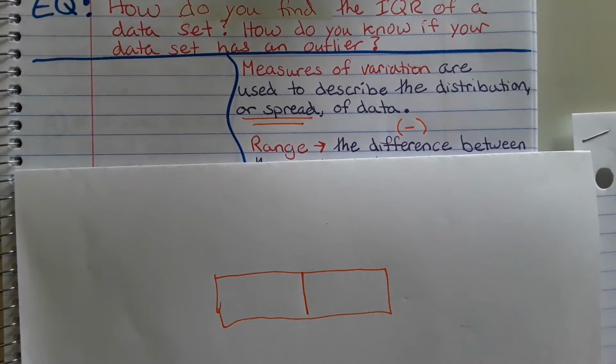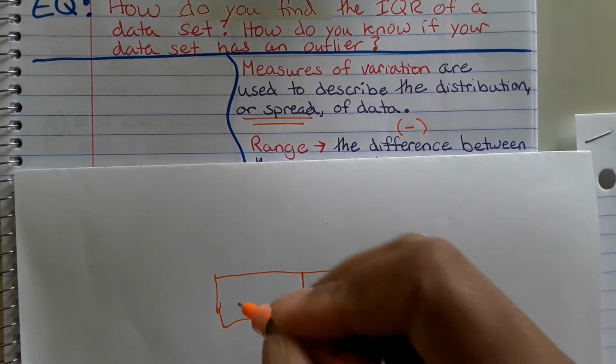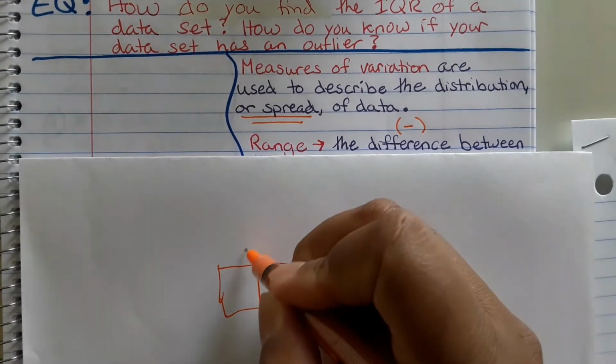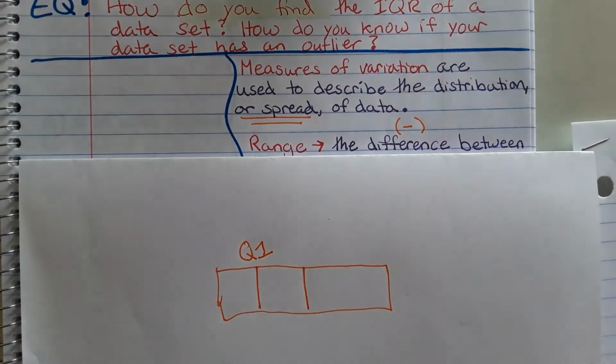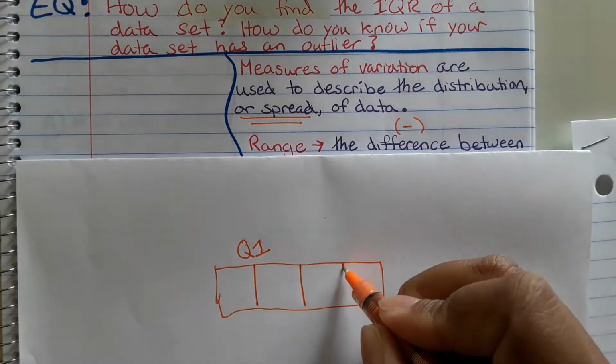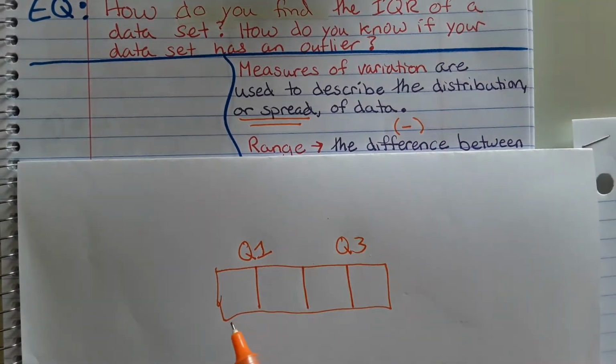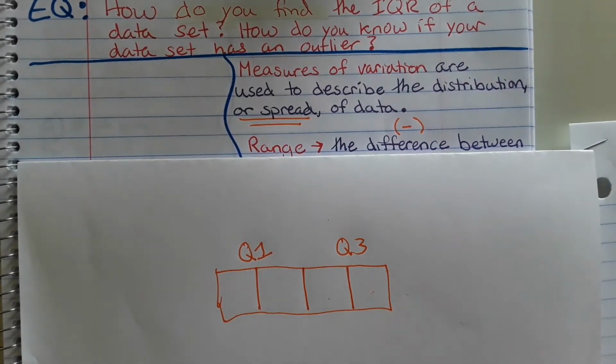We're going to have a bottom half and a top half. Then we can take the bottom half and split that in half, and in our work, that's going to translate to quartile 1. Then we take the top half and split it in half. That will translate to quartile 3. And then you'll end up with 4 sections, 4 areas where your data all fits into. So that's what we're looking for.